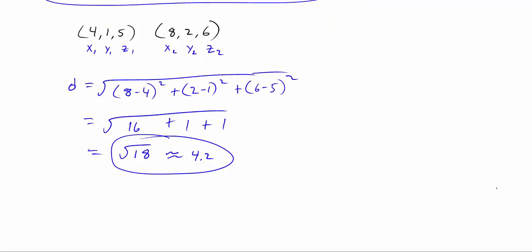So you'll realize a lot of these formulas we're going to look at now from 2 space to 3 space are going to be very similar. We just have to add in the third coordinate. For example, the next one would be the midpoint formula. So if we want to find the midpoint between 2 points, then the formula is simply going to be x1 plus x2 divided by 2.